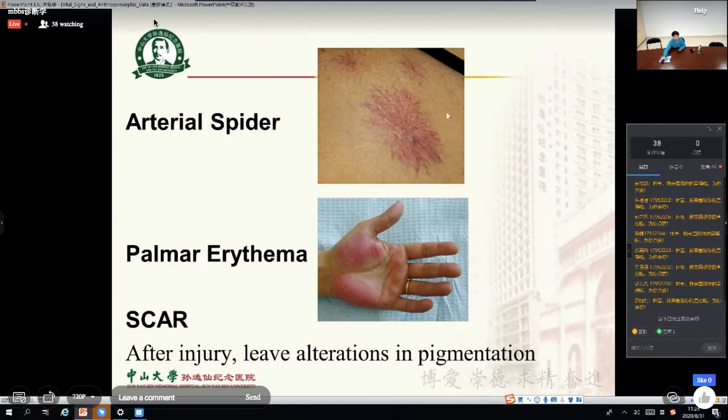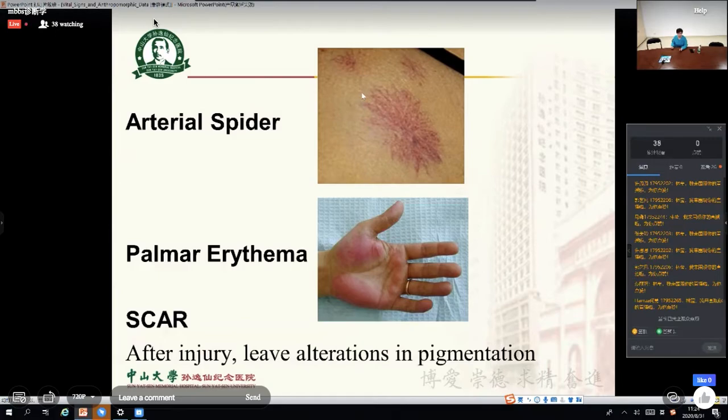This is often identified in liver cirrhosis patients and shows dysfunction of hormone metabolism. Also, palmar erythema, like this, is an indication of liver dysfunction, with erythema of both hypothenar regions.